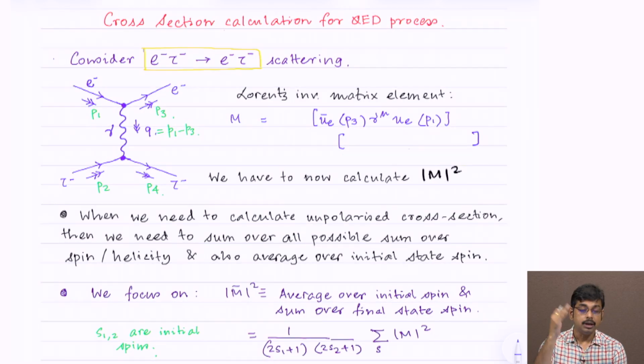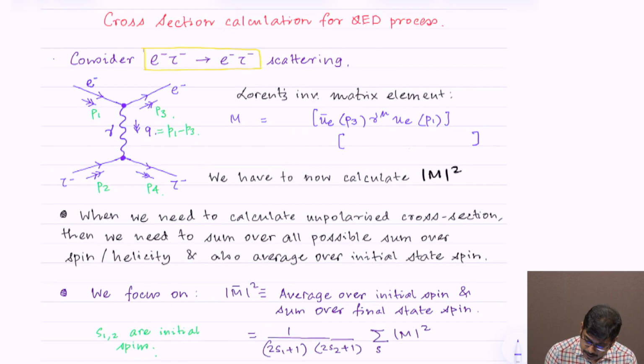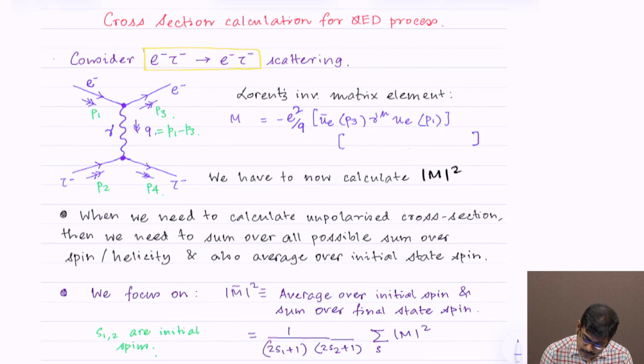We use all those technologies, or rather the dictionaries which we developed in the last class, and we can easily say that this matrix element is going to be minus e square by q square, and this is going to be u e bar P3 gamma mu u e P1.